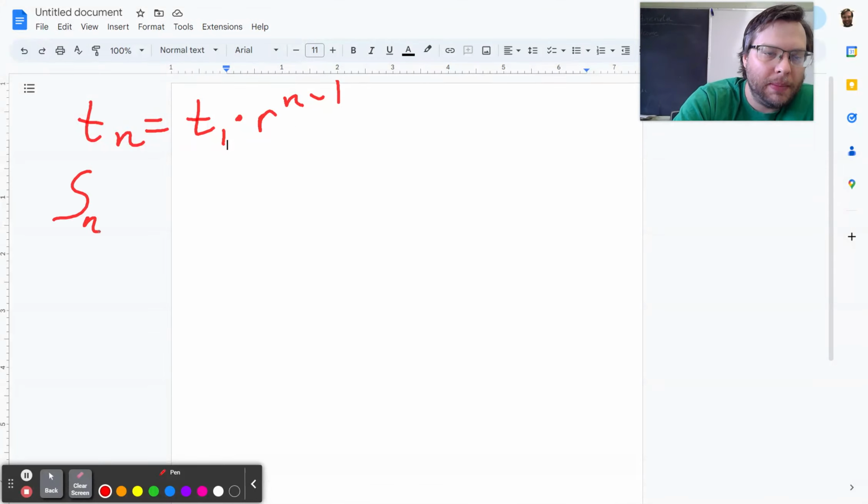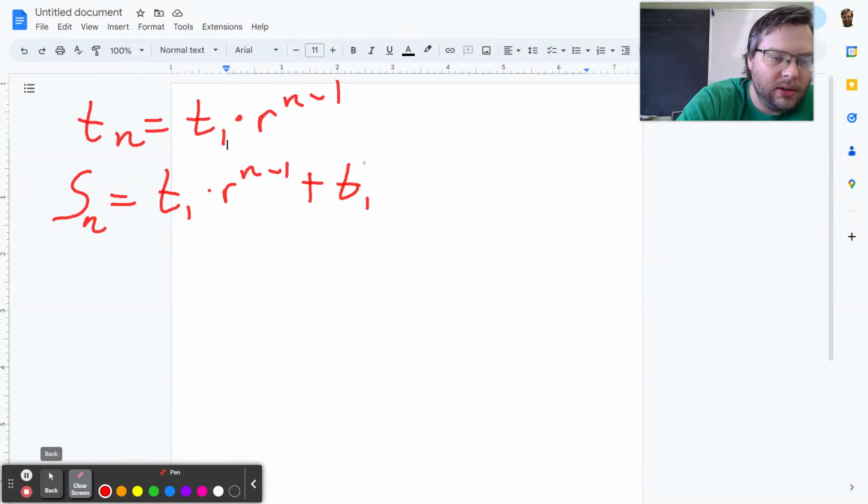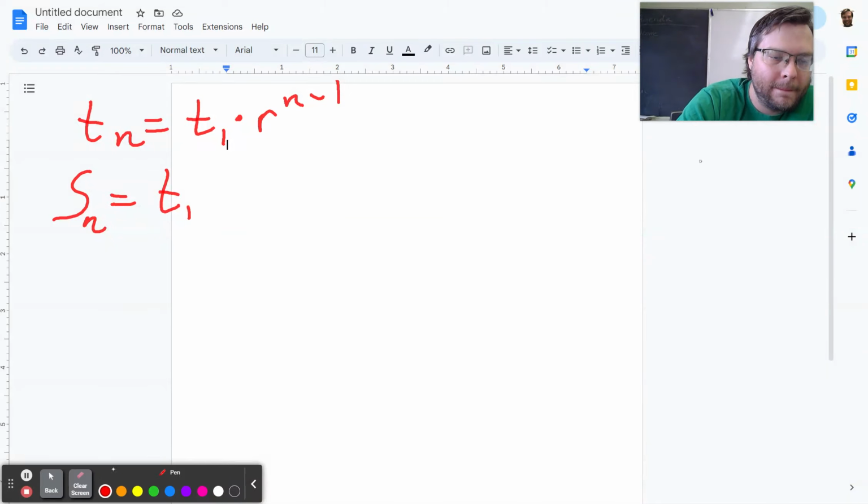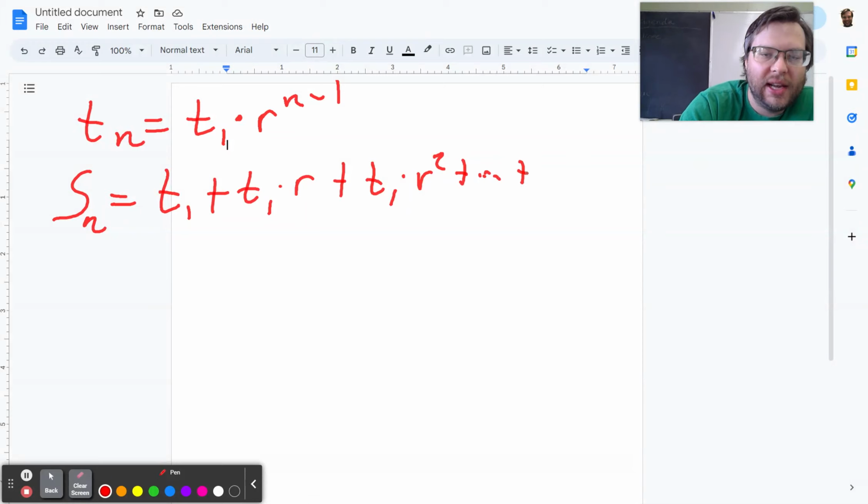If I want to add up n terms, I'm going to do this. Oops, I wrote that wrong. The first term is just t1. The second one is t1 times r. The third one is t1 times r squared, and so on. The last one is t1 times r to the n minus 1.